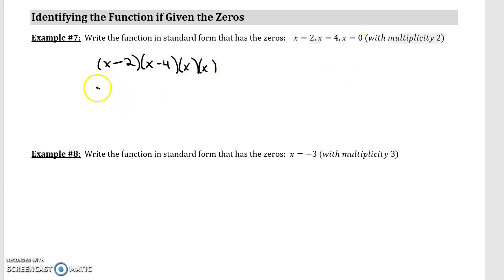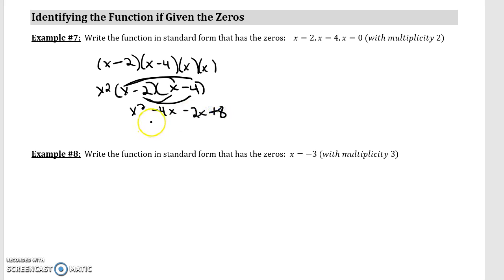x times x is x squared. x minus 2, x minus 4, you have to distribute or box method. My guess is you'll distribute. So x squared minus 4x minus 2x plus 8. Don't forget you still have the x squared out in front. x squared, put your x's together, minus 6x plus 8.